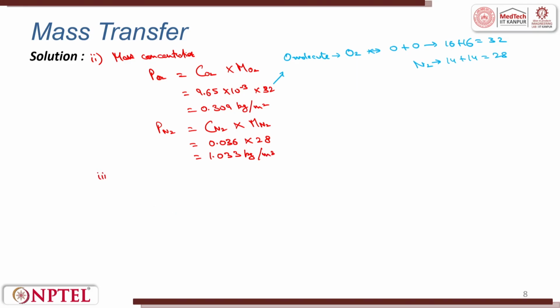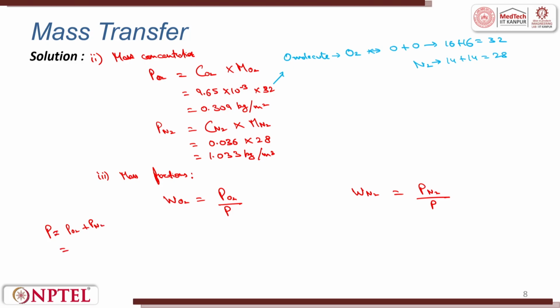Then next part is mass fractions. Simply I will put W for oxygen is equal to rho for oxygen by total rho, and W for nitrogen is equal to rho for nitrogen by total rho, where what is the value of rho? This rho is equal to partial mass of oxygen plus partial mass of nitrogen.